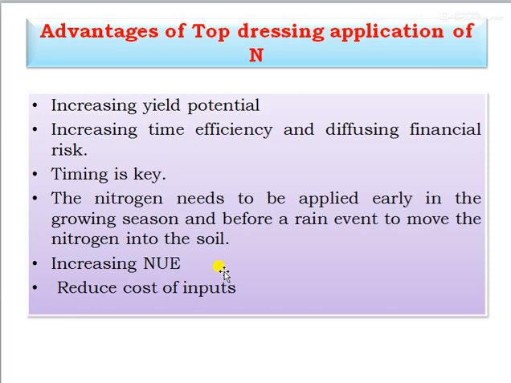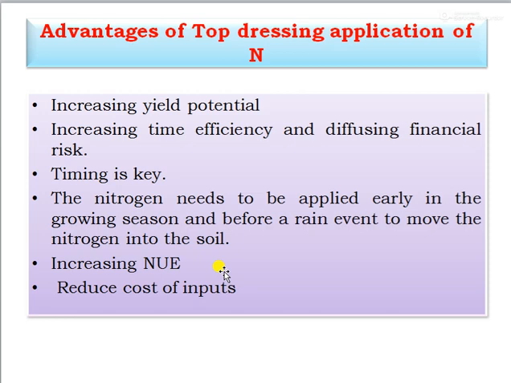This is 100% nitrogen efficiency, but in most rice fields, especially in Indian conditions, nitrogen use efficiency is hardly 30 to 40% instead of 100%, because of faulty agricultural practices, wrong time of application of nitrogen, unskilled use of labor, and also the wrong placement or method of application.